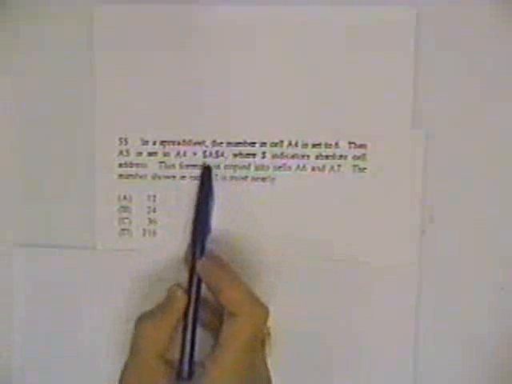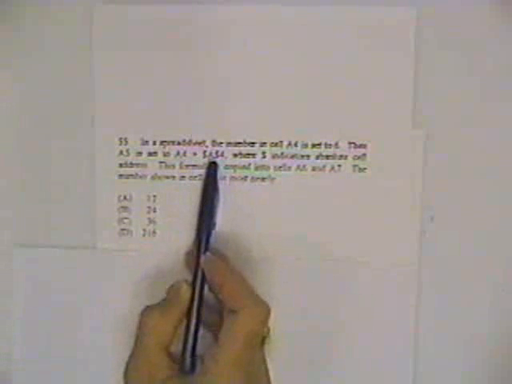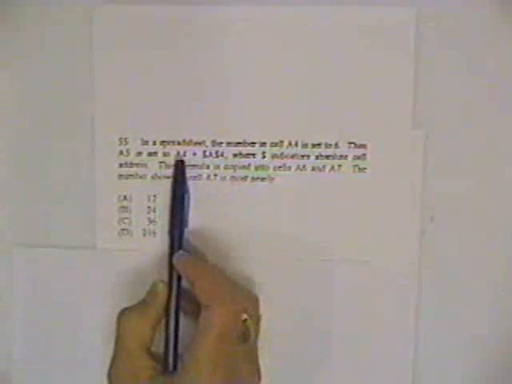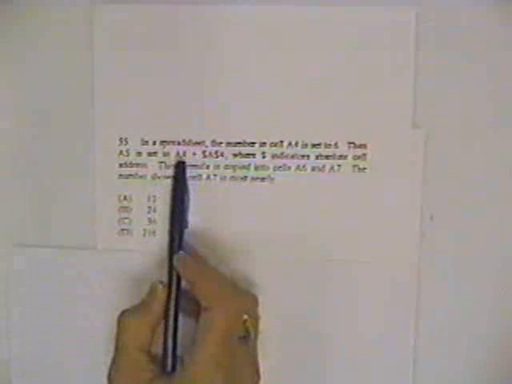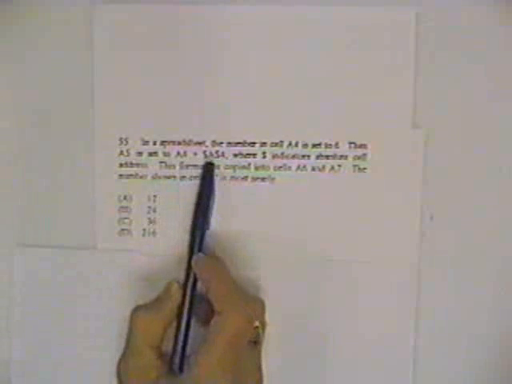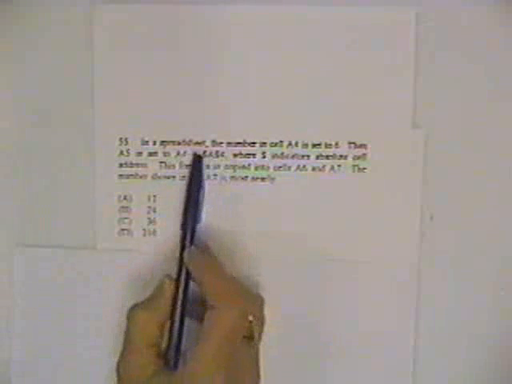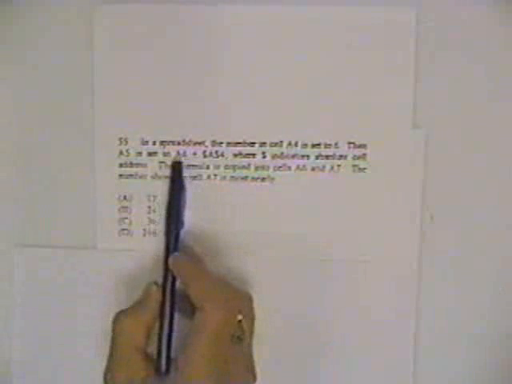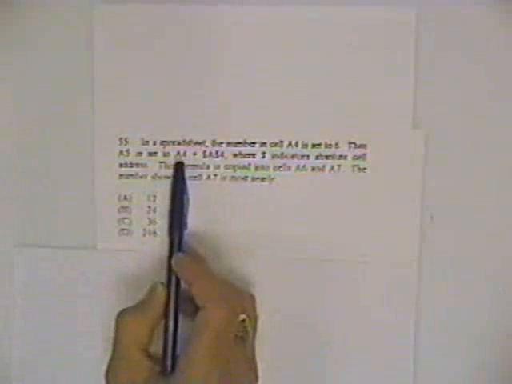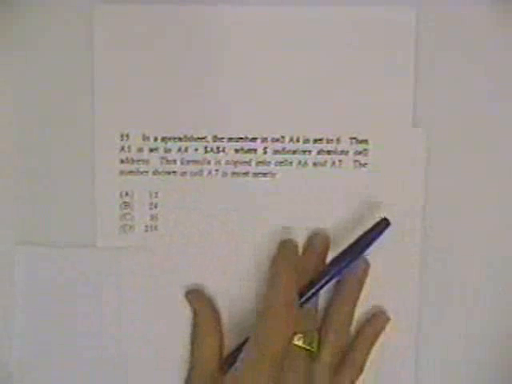In this case, the $ sign indicates that the second reference to cell A4 is an absolute cell address, where the first reference to A4 is a relative address. So here we have a relative address plus an absolute address. In that cell, both of those will refer to the same cell. They'll both refer to whatever value is in A4, which was set to 6.